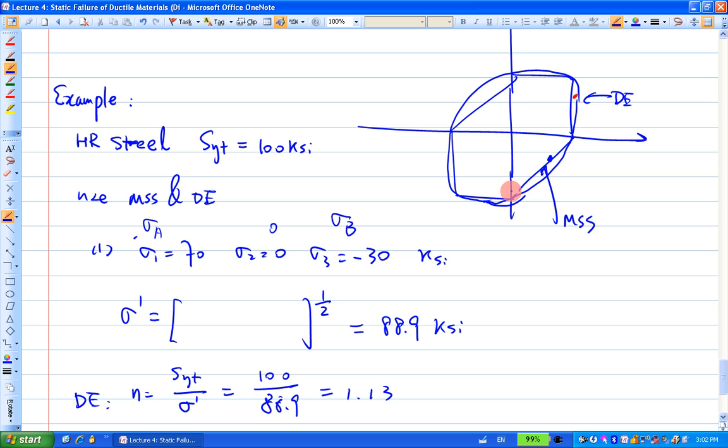But you might work in an industry that wants you to be more precise. Precise basically means people did some experiments and showed that DE is more precise in approximating the experimental results. So that's why MSS is more conservative. There's nothing wrong here in terms of which one is better or worse.